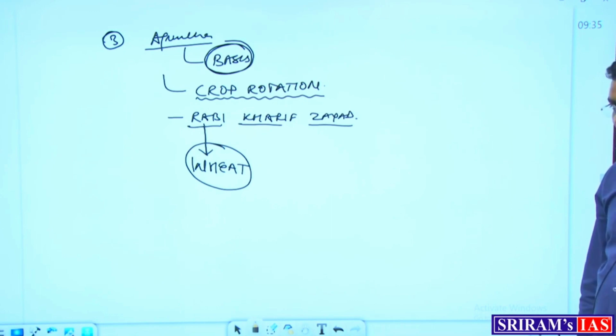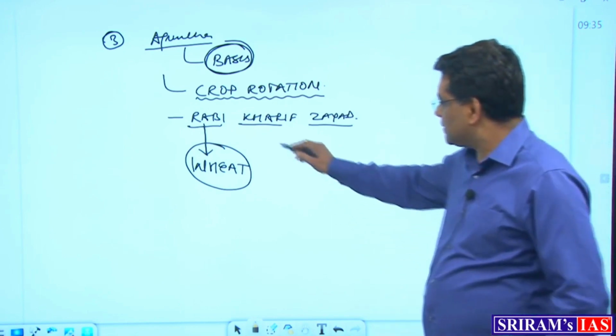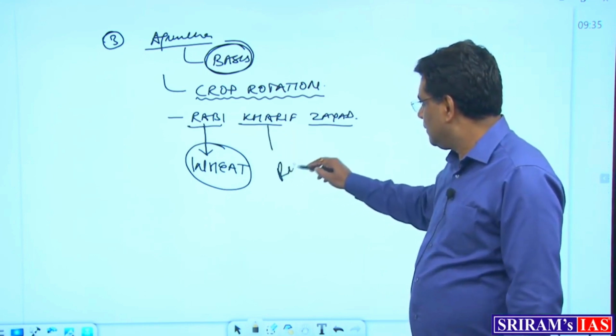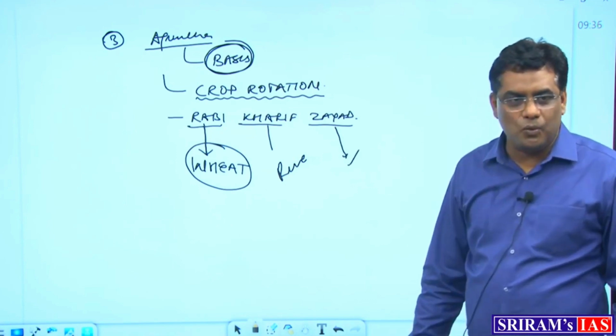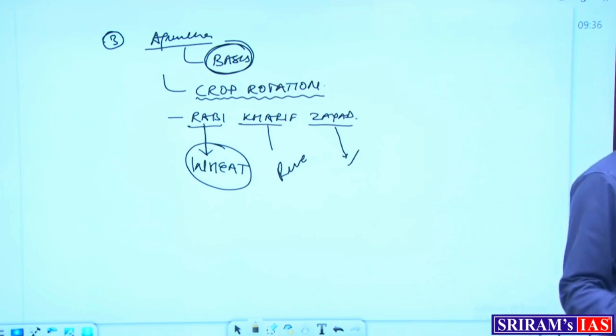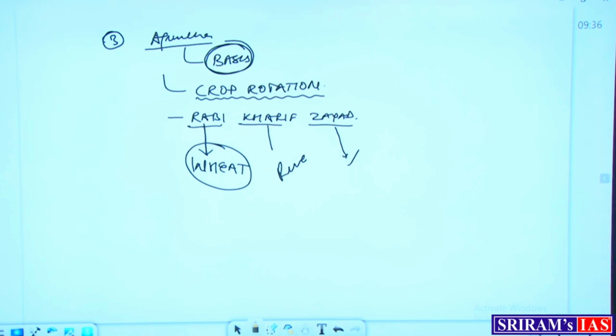Kharif is rice, Rabi is wheat, and Zaid is fruits like kharbuja, watermelon. They were very well known to these.